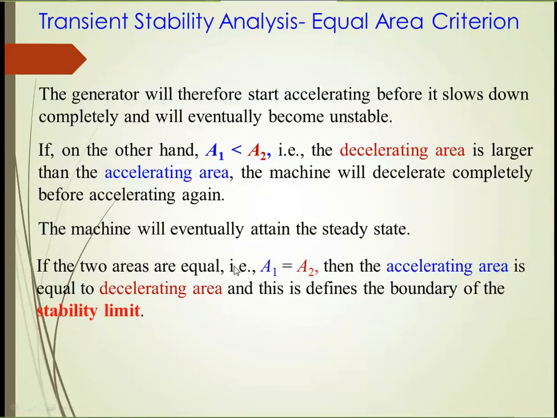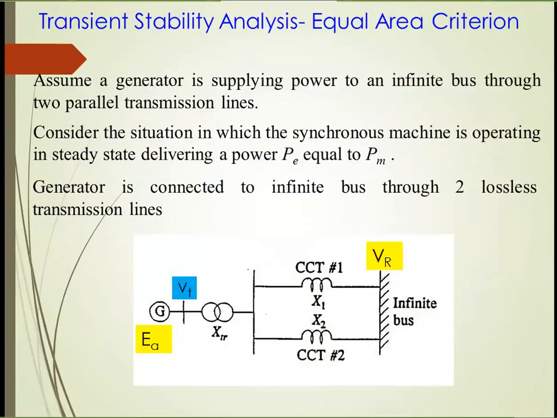Now, if the two areas are equal, A1 is equal to A2, then the accelerating area is equal to the decelerating area, and this will define the boundary of the stability limit here, right? We will have this discussion for a few more slides.